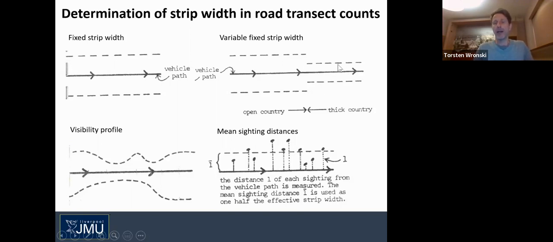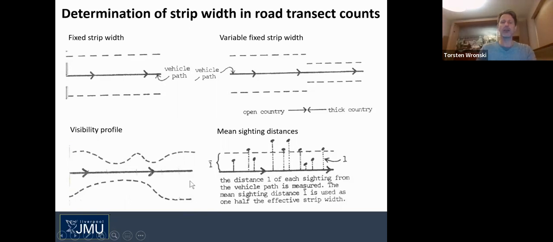In denser habitats, a smaller strip width; in open habitat, a wider strip width. That will lead us to a visibility profile of changing strip widths, which is pretty tiresome because it has to be established prior to the count, and the strip widths will change permanently with the change in vegetation density.